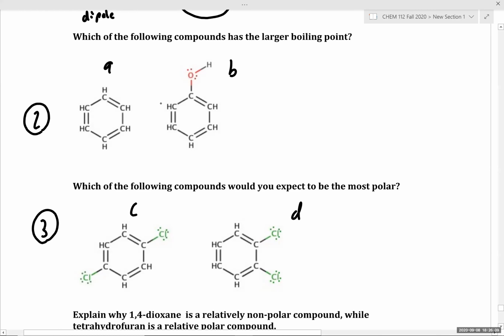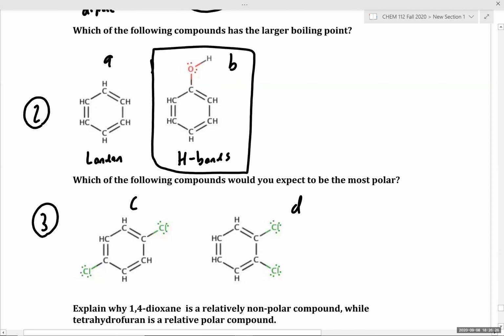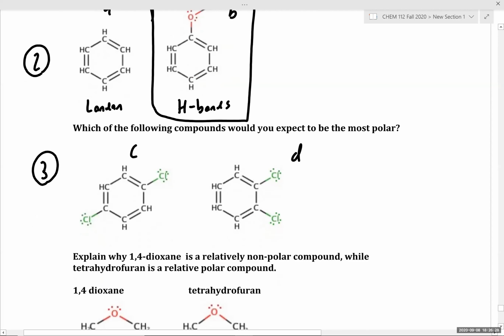So for 2, phenol can form hydrogen bonds, while benzene is stuck with London interactions. Hydrogen bonding interactions are stronger than London interactions. So compound B would have the higher boiling point. In terms of polarity, again, we consider molecular symmetry. In molecule C, the dipoles cancel.